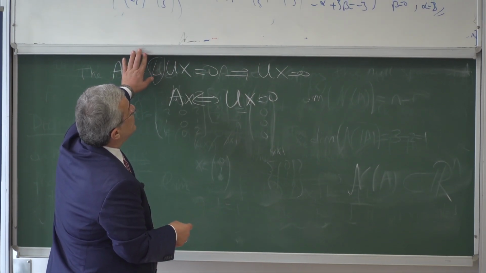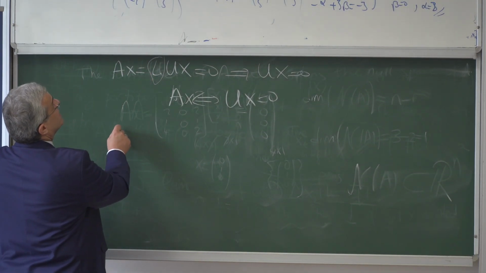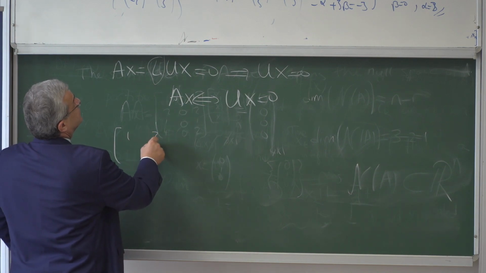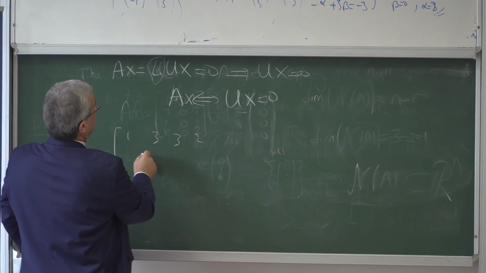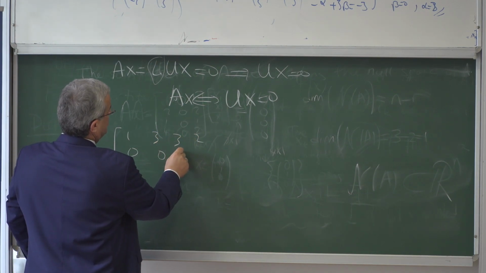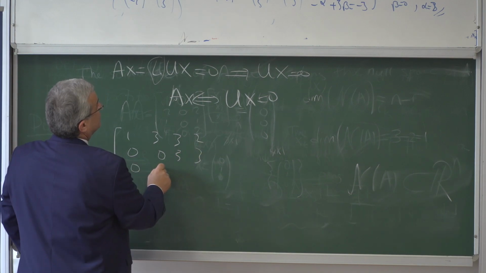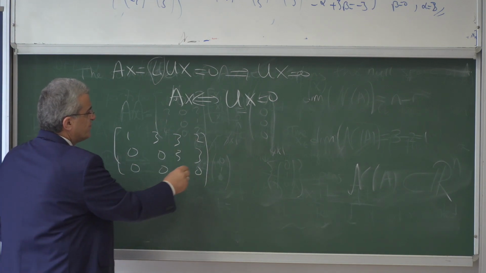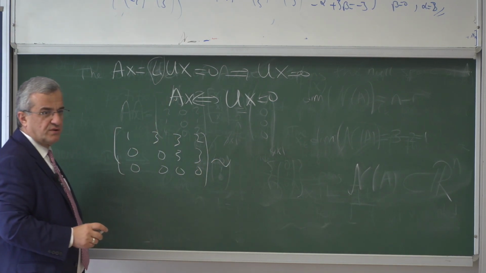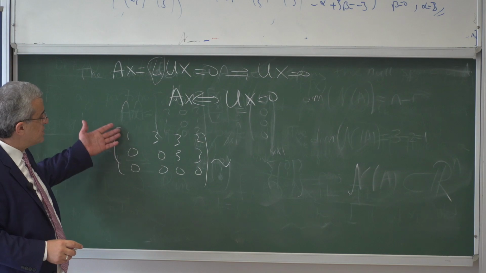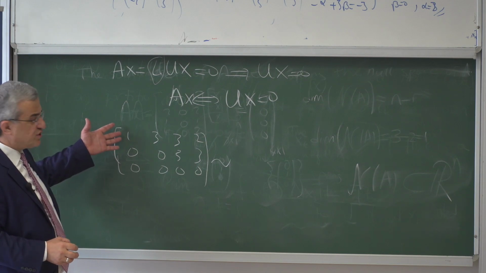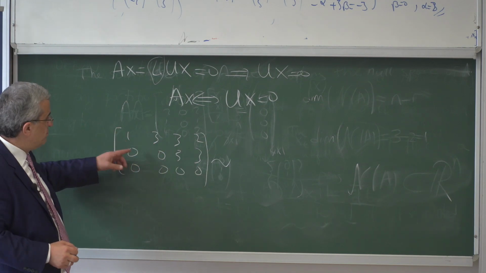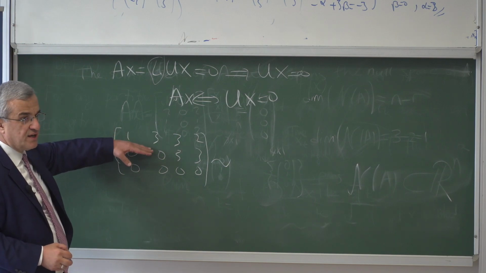So let's look at UX. So you have 1, 3, 3, 2, 0, 0, 3, 3, 0, 0, 0, 0. By the way, we can further continue this, okay? This is called echelon form, meaning it's like a staircase.